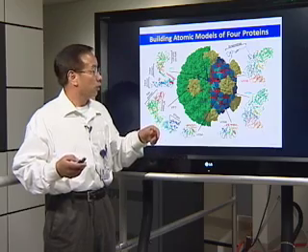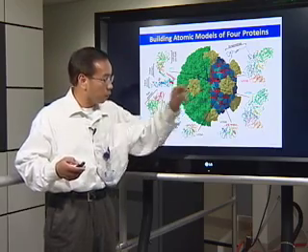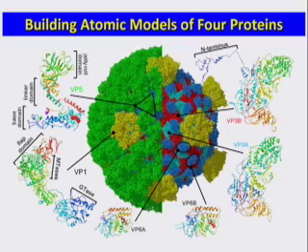We built 6 different atomic models for the 4 different proteins that make up the SVP. Shown here is how these proteins interact with each other in making this large SVP.